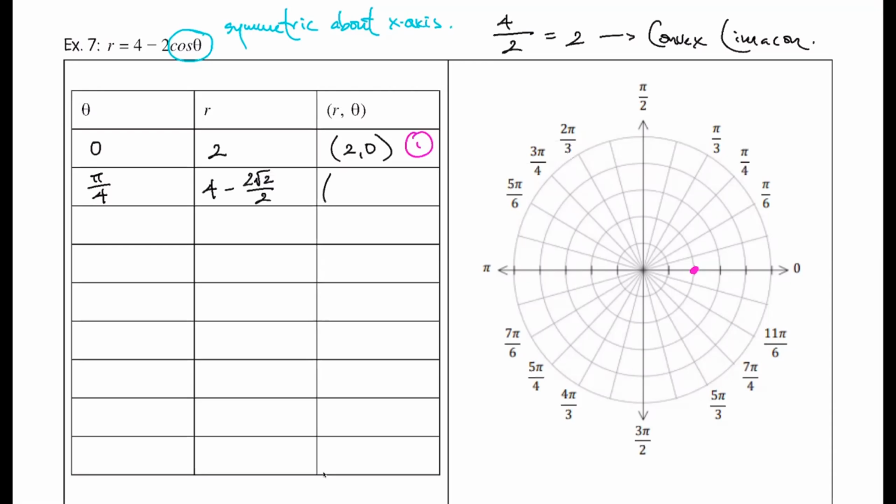That's going to give us an R value of about 2.6 comma pi over 4. And this one will be our second point. So I'm going to go to pi over 4 and go out 1, 2, and a little bit more than half. And that's my second point.